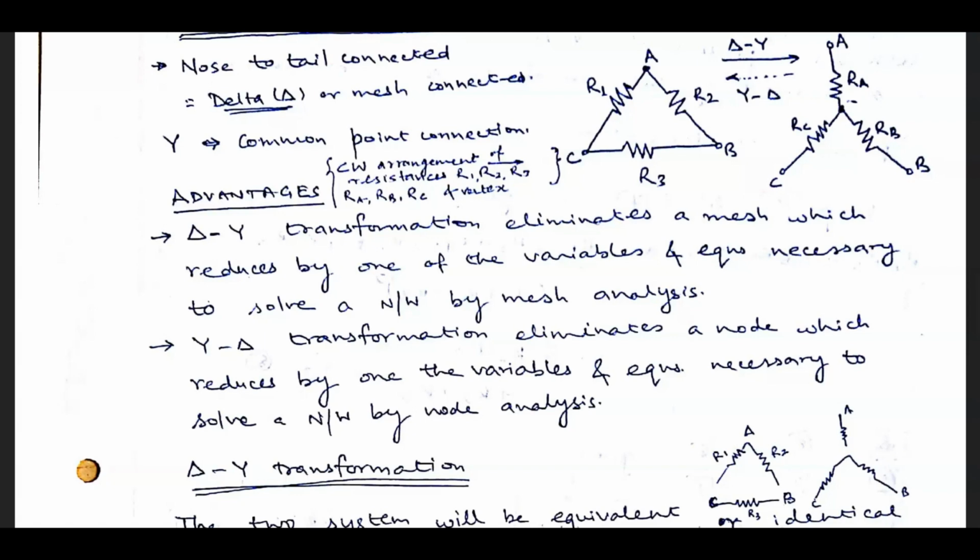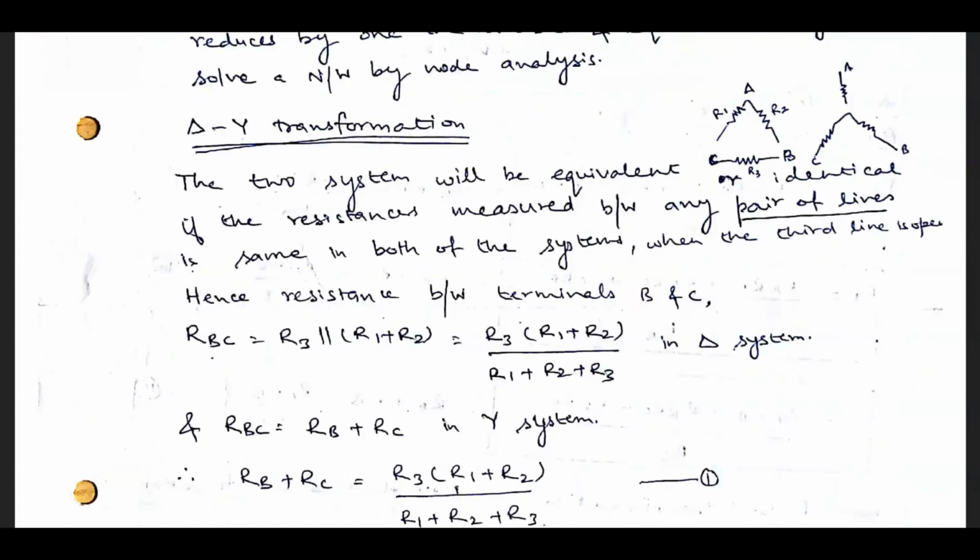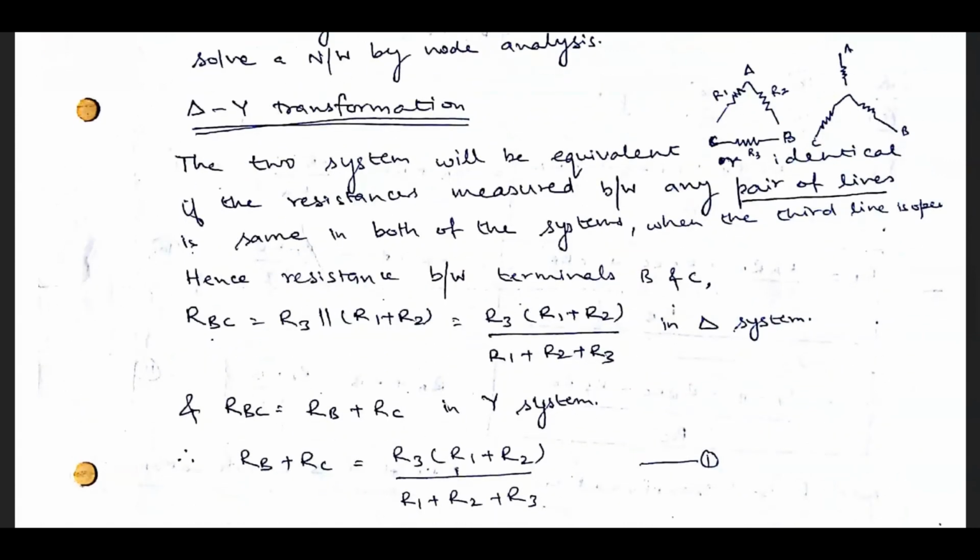Now we will see how we will do the transformation. So now you focus on the next diagram which is given. First of all, we will perform the delta to star transformation. These two systems will be equivalent if the resistances measured between any pair of lines is the same in both the systems when the third line is open.